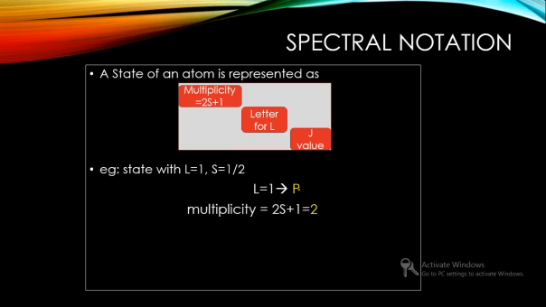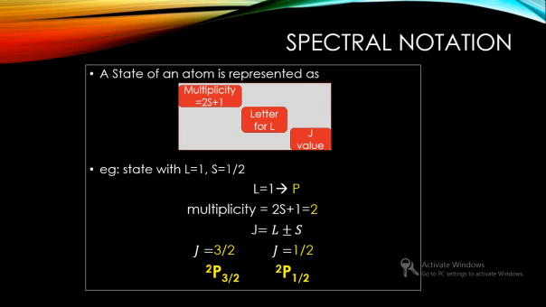And what is the multiplicity? 2S plus 1, 2 into half plus 1, which is 2. And which are the possible values of J? J can be L plus S or L minus S, so the values can be 3 by 2 or 1 by 2. Based on this, you can write the spectral notation as the letter for L, that is P, with the J value 3 by 2 as subscript, and the multiplicity 2 as superscript.